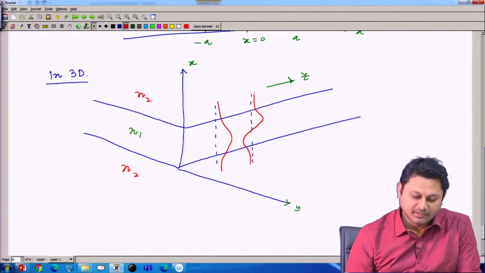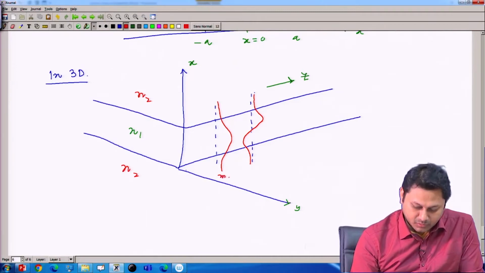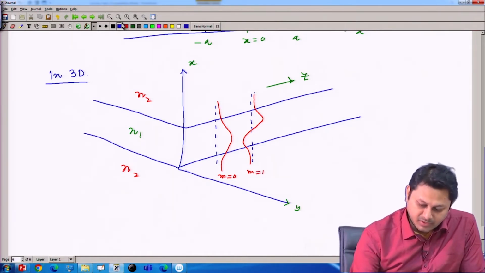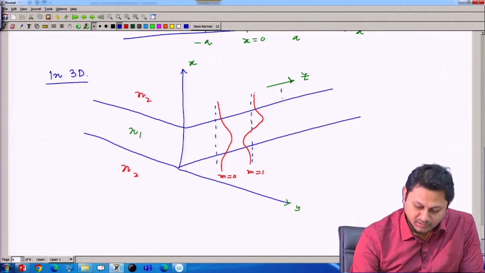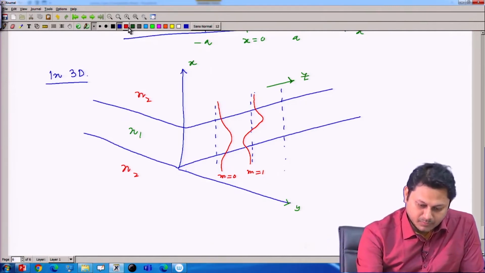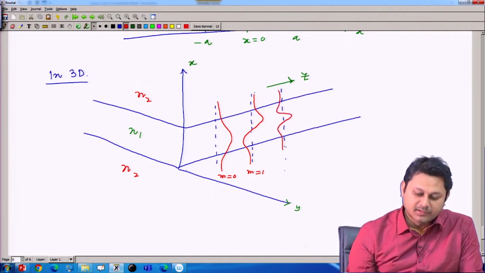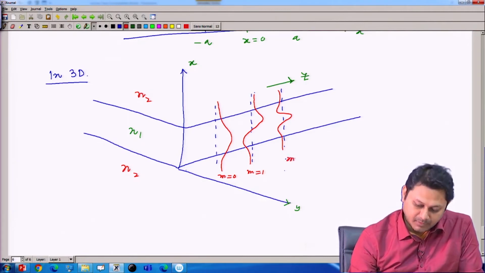Something like this. This is for say m equal to 0, this is for m equal to 1, and if I go to higher order modes, it should be something like this. This is the next one, say m equal to 2 and so on.